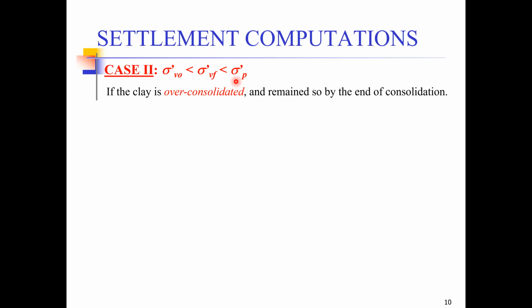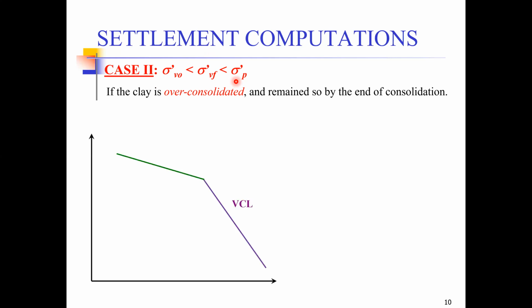What I mean by this is, let's try to explain it by means of the graph we draw. This is the consolidation graph, where we know this is the virgin compression line, and this point represents the pre-consolidation pressure. The slope of this line we call the compression index. The slope of this line we call the recompression index.